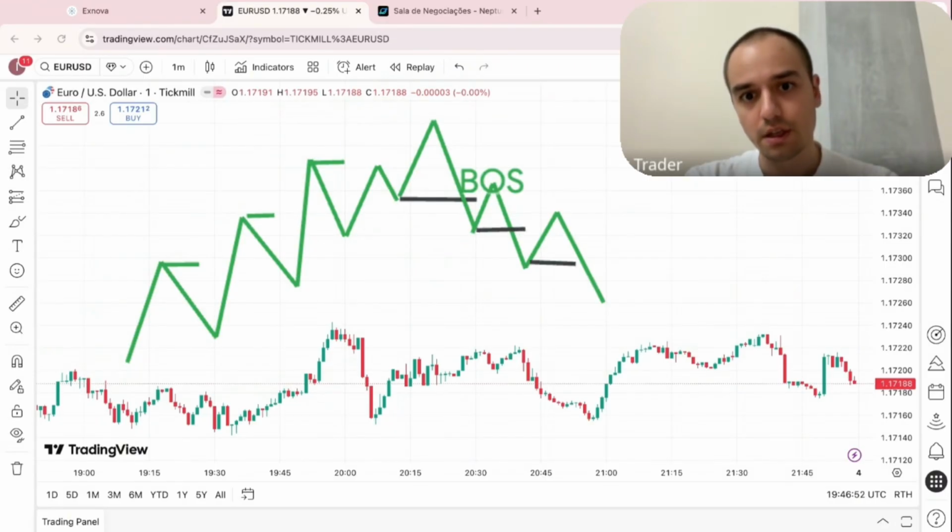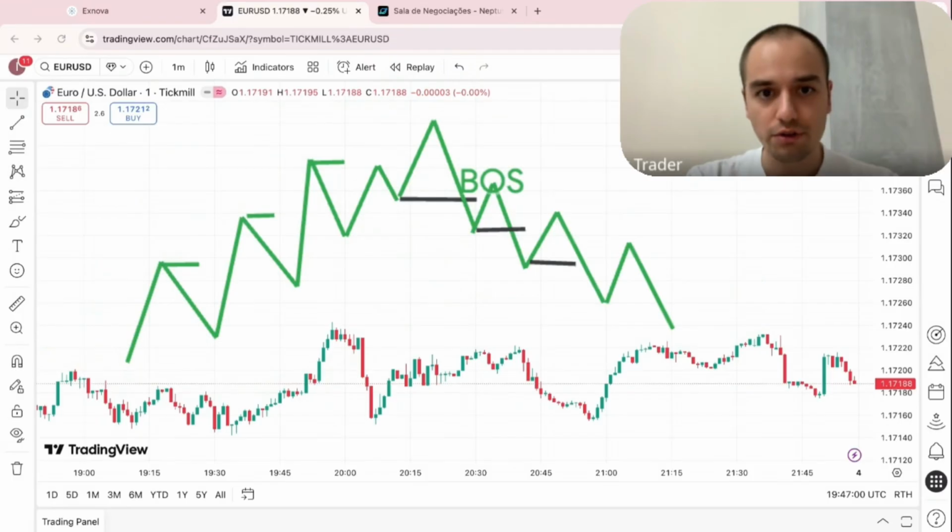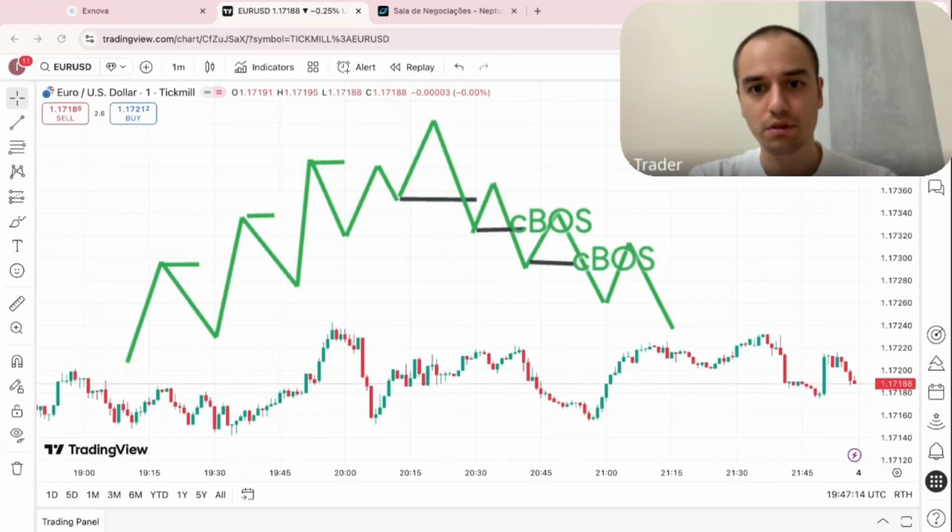So every confirmation, where we are not changing the structure anymore, would essentially be cBOS. cBOS, and cBOS here as well. And that's when we have the confirmations.